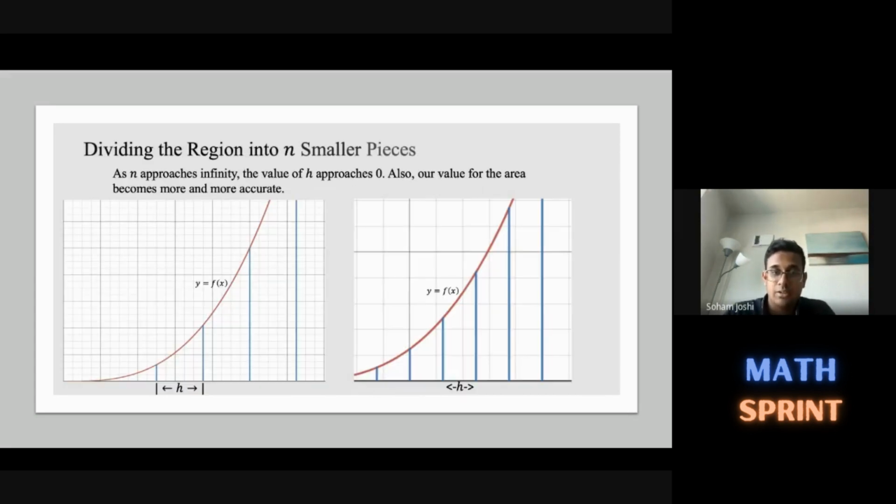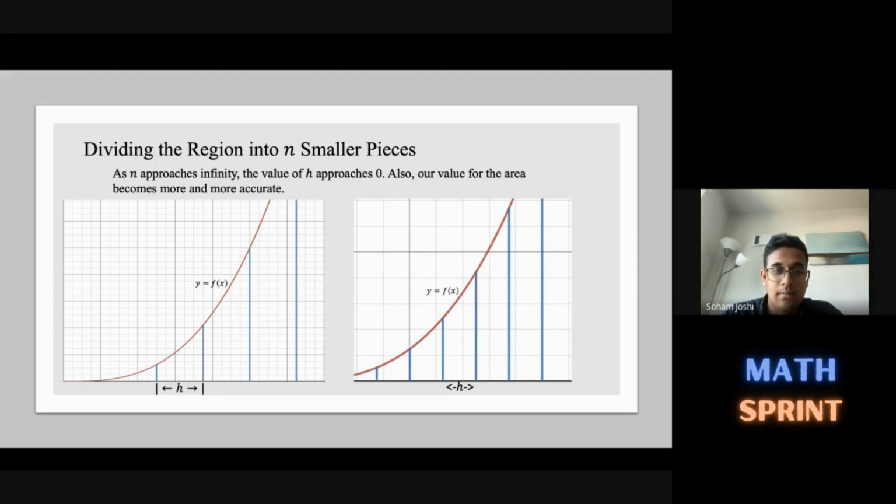Okay, so take a look at this diagram properly now. The value of h represents the width of each rectangular piece. So as we keep increasing the number of rectangular sections, that is, we increase the value of n from the number of divisions you see on the left to the number of divisions shown on the right, and n becomes very large, h decreases and starts to approach 0.